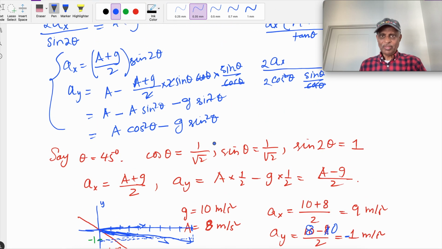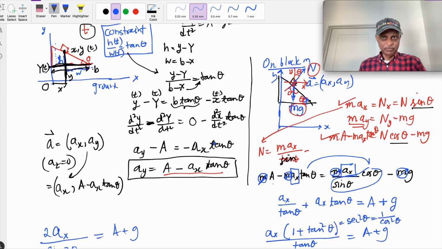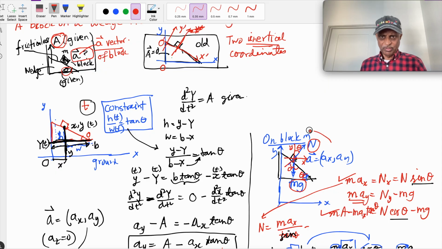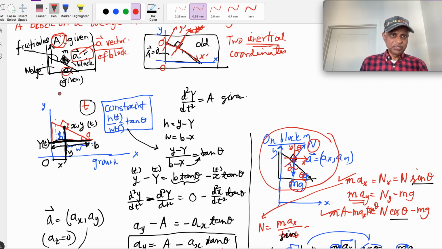So this is a good problem. Where can people actually make a mistake in this, in thinking? So the way people can make a mistake is about the forces. That's one place they can make a mistake. Another place they can make a mistake is not thinking that they need an inertial reference frame.